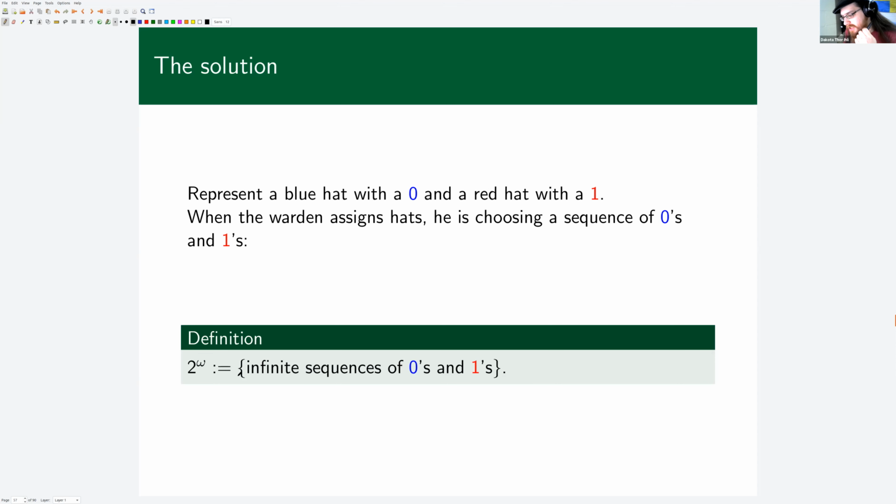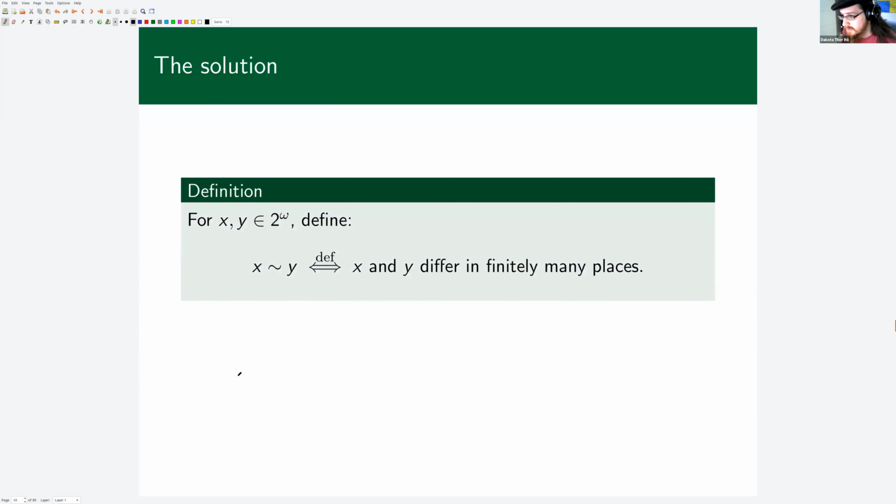And now I want to define a relation on this space of infinite sequences, right? For 2 sequences, I define them to be similar. I use this twiddle symbol to say that they differ in only finitely many places.